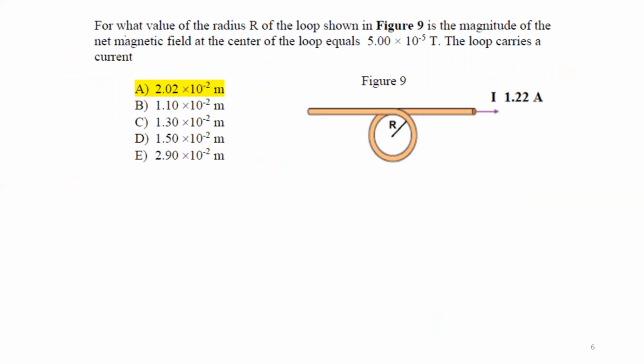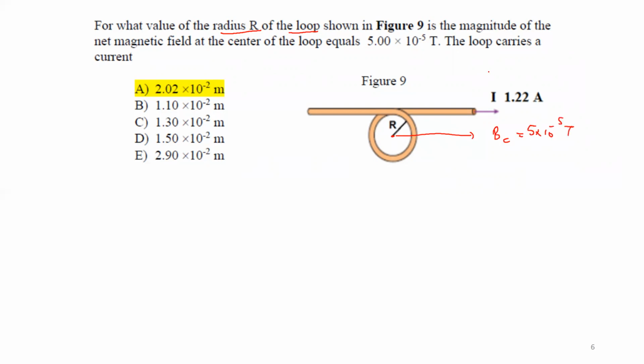So the question is very simple. For what value of radius R of the loop shown in the figure, you see the loop, is the magnitude of the net magnetic field at the center of the loop, B center, equal to 5 times 10 to the power minus 5 Tesla?